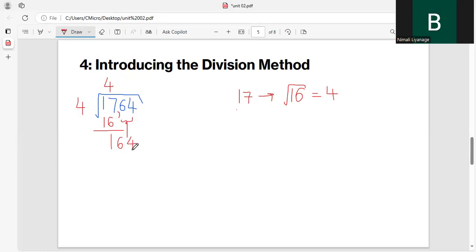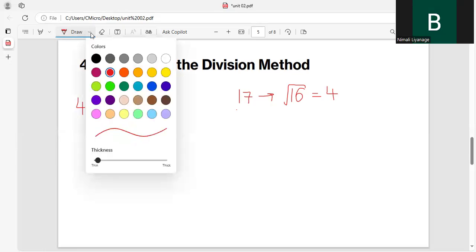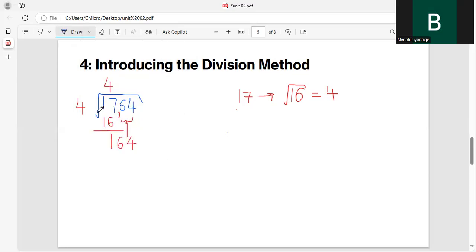As step 4, double the number above the line. What is the number above the line? It is 4. Now we are going to double the number above the line. So it's 8. Then find the digit such that the product is less than or equal.